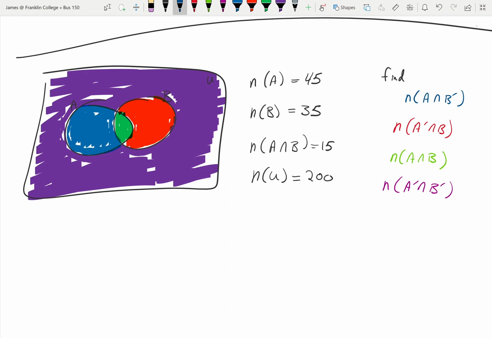All right, let's think about this. The number of elements that's in A intersect B complement. Well, let's look at a graph.